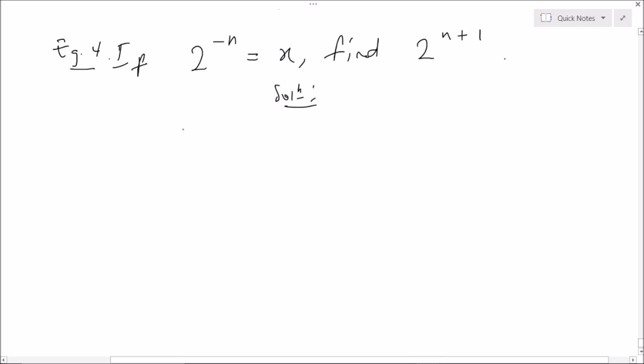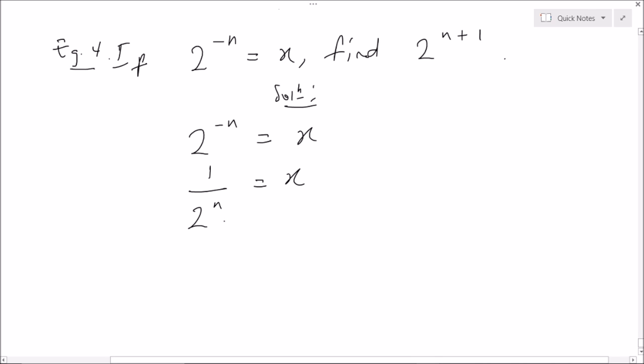Example 4. If 2 raised to the power minus n is equal to s, find 2 raised to the power n plus 1. We are given 2 raised to the power minus n is equal to s. So the idea is that for the left hand side, using the negative law of indices, we can write the left hand side as 1 over 2 raised to the power n is equal to s.